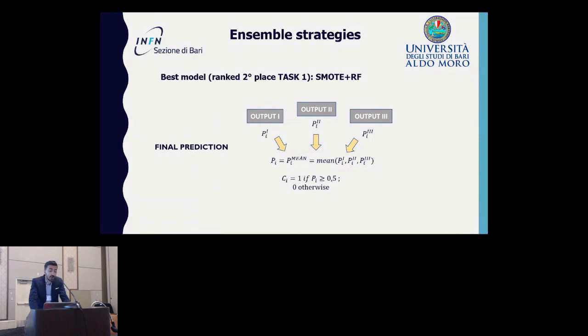We also tried other methods to combine these outputs, for example classifying a participant as preterm if at least one model out of three classifies it as preterm, or if at least two models out of three classify it as preterm. But this is the best model.